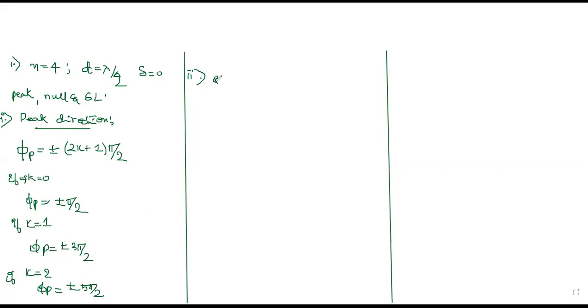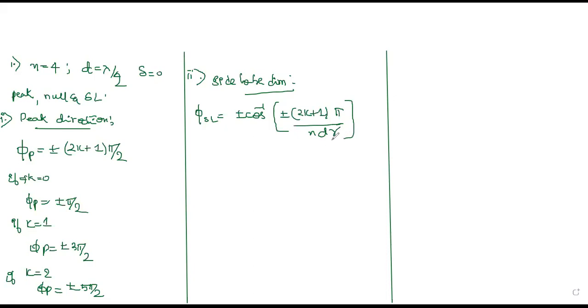The second is you have to find out the side lobe direction. You got the formula for side lobe direction. That is phi SL is equal to plus or minus cos inverse of plus or minus (2k plus 1) pi divided by N d_r.